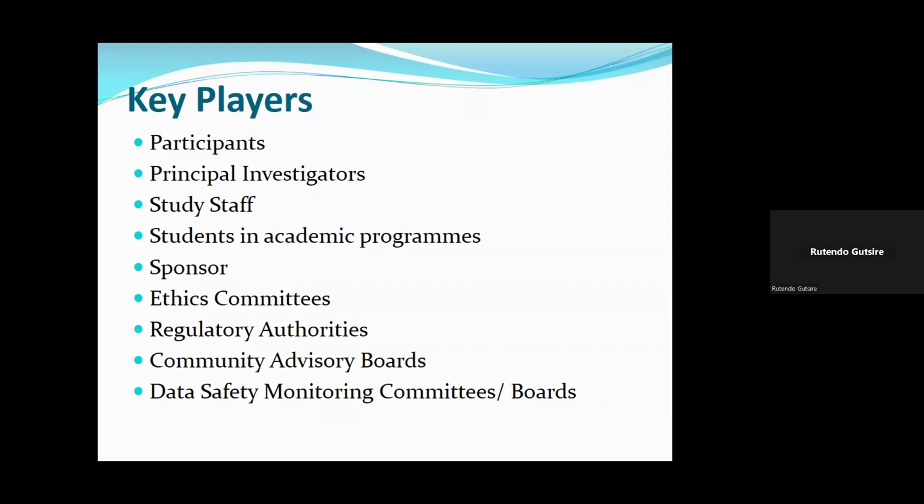So this committee actually sits to see what you're proposing. You're not going to be harming people. I'll take a simple example. A protocol that is proposing to determine malaria prevalence, let's say in a certain area. So they'll need to check in your proposal if you haven't proposed anything that is dangerous to the people.